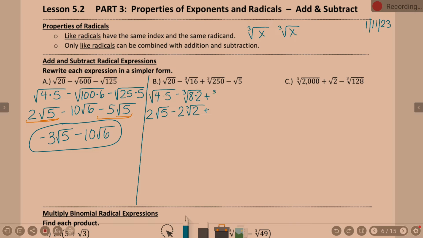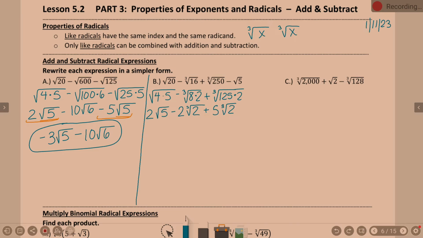So this is the cube root. 250 is 125 times 2. Cube root of 125 is 5. Cube root of 2 is cube root of 2. So, 5 cube root of 2.